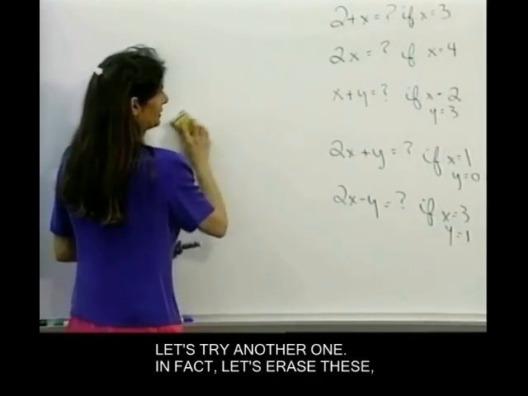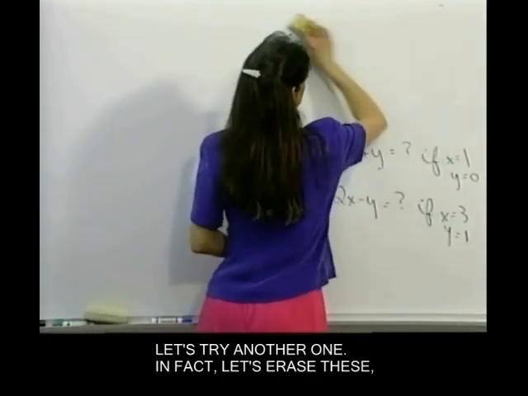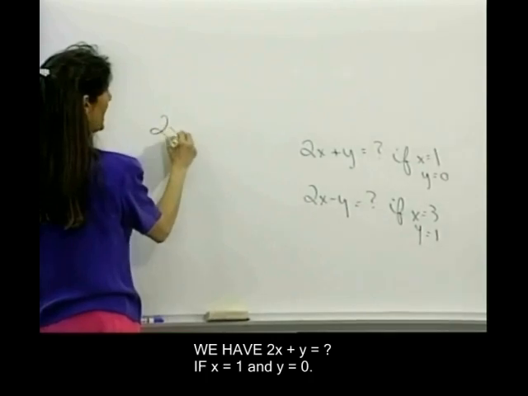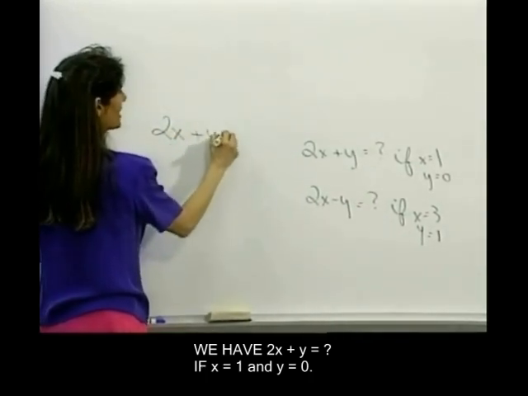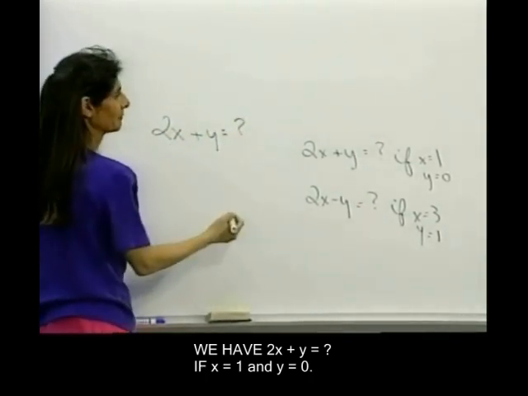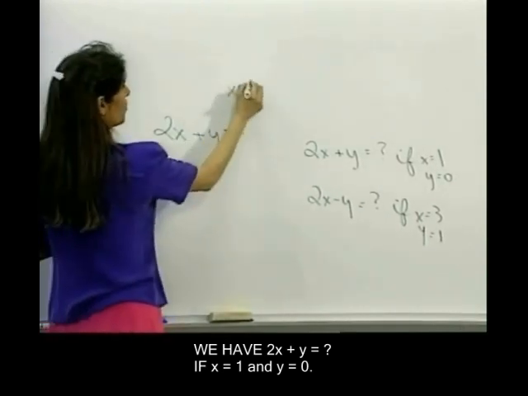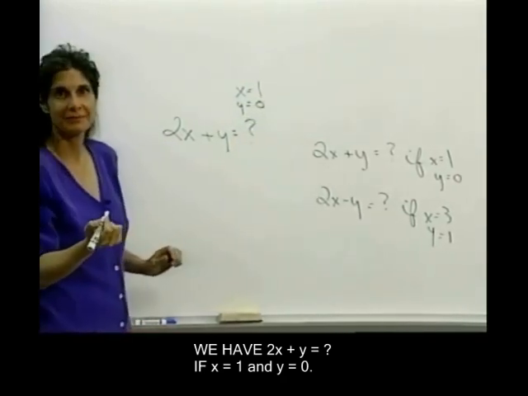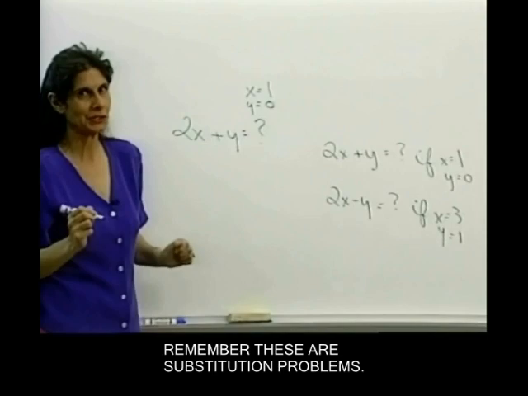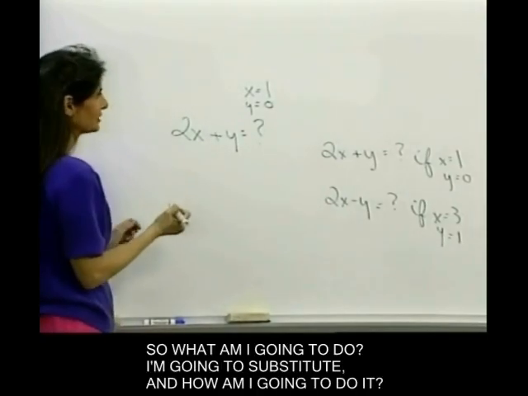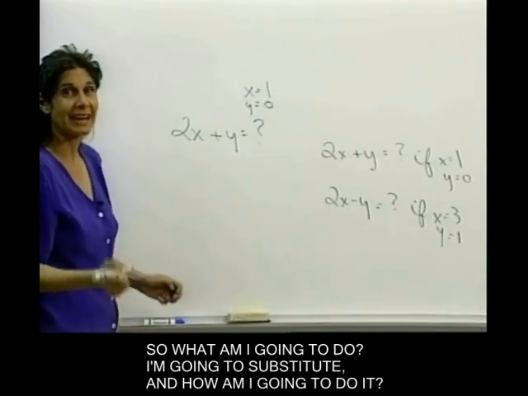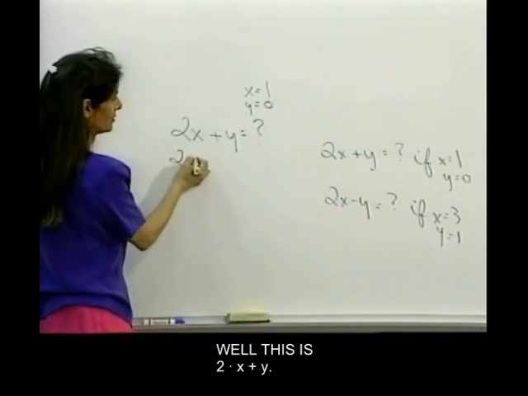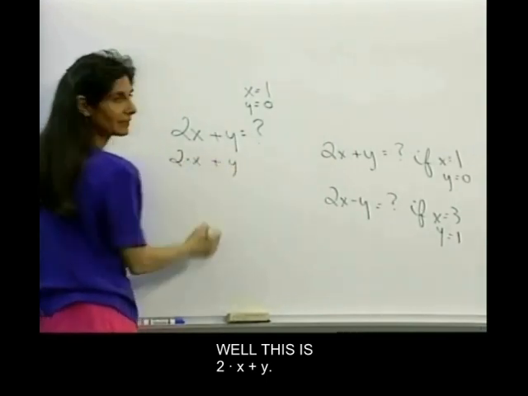Let's try another one. In fact, let's erase these, and let's go on with the next one. We have 2x plus y equals what? If x is 1 and y is 0. Remember, these are substitution problems. So what am I going to do? I'm going to substitute. Well, this is 2 times x plus y.